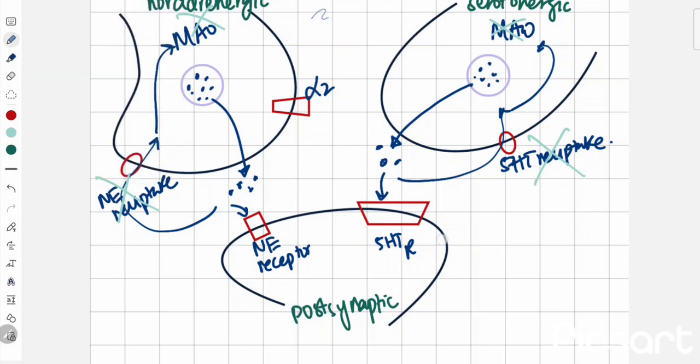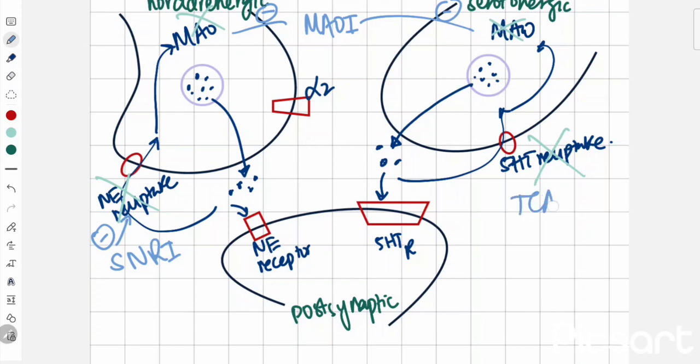So first we use MAO inhibitors, that is going to stop that. Then SNRIs, which are going to inhibit the reuptake of norepinephrine. And TCAs, SNRIs and SSRIs, all these are going to inhibit the reuptake of 5-HT. And mirtazapine, only one is mirtazapine.